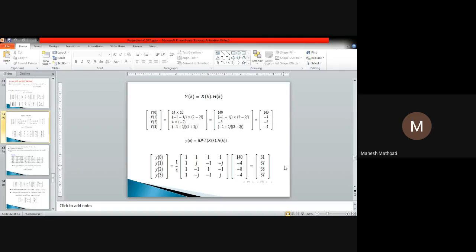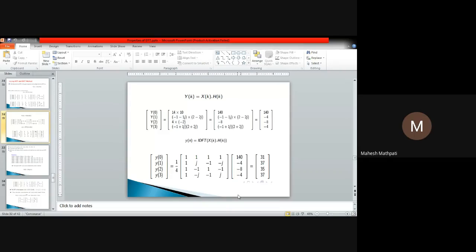What about the others? Is anybody still having any confusion? Can I move to the next example? Yes. So, what are the types of circular convolution?